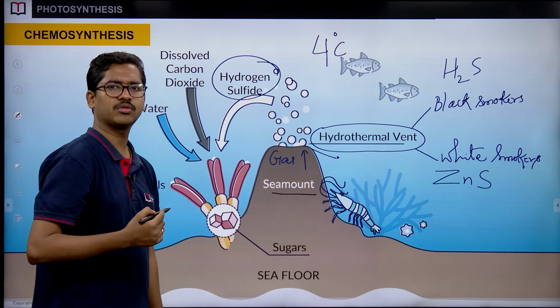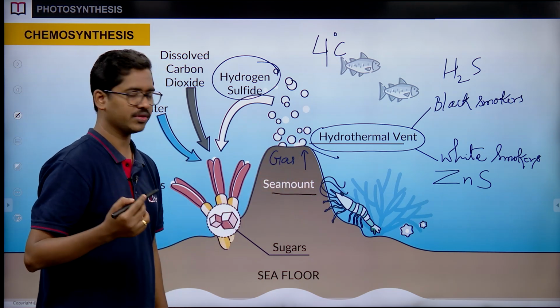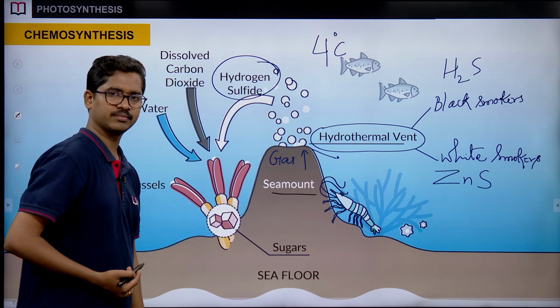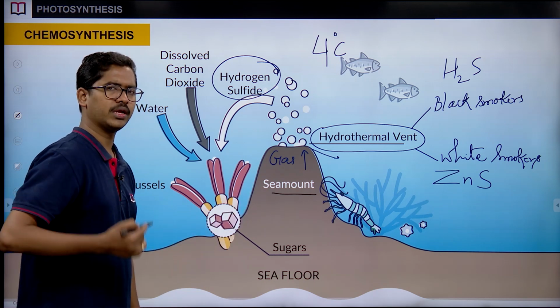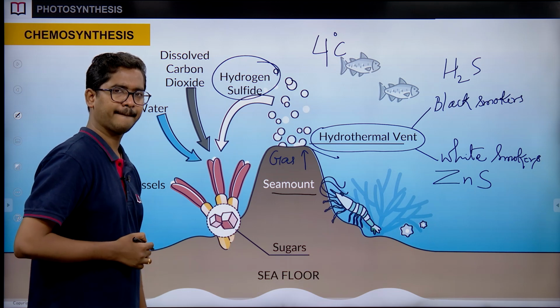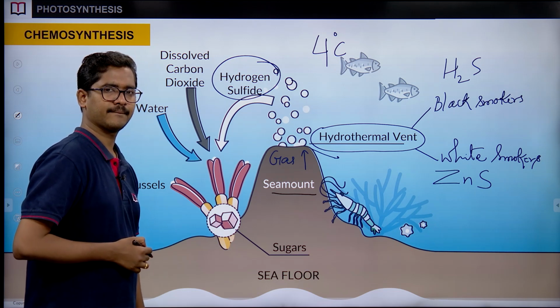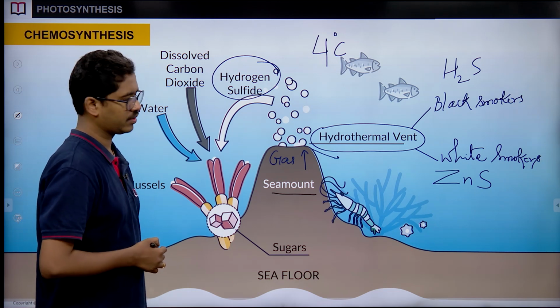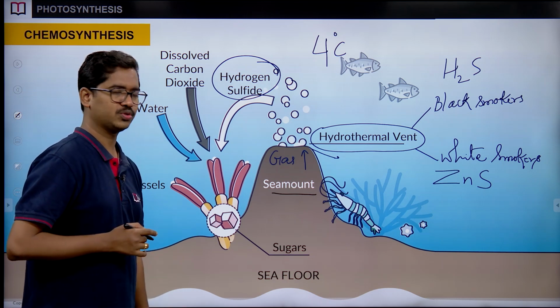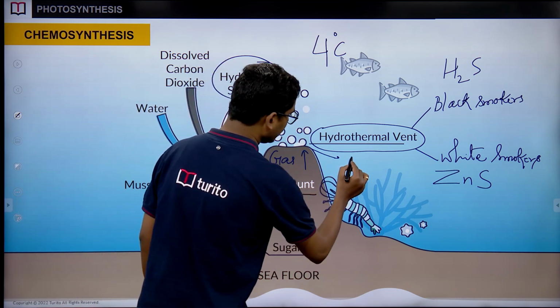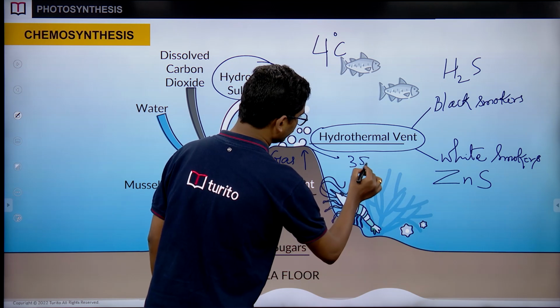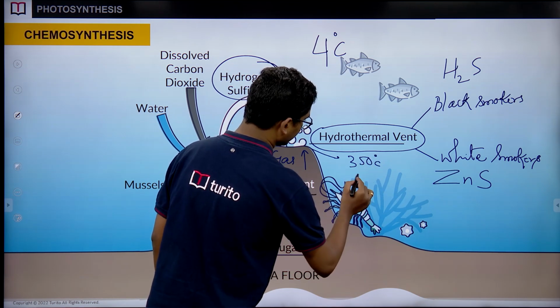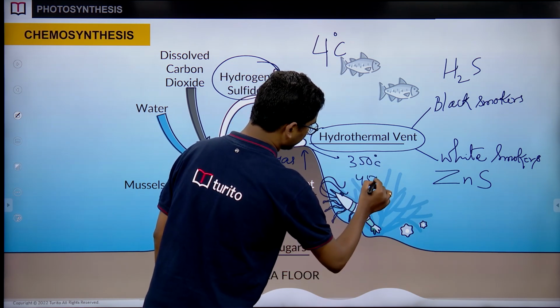The temperature here is very, very high, because we are dealing with lava. Can you guess what the temperature is over there? Correct, we will find here a temperature of around 350 degrees Celsius to 450 degrees Celsius.